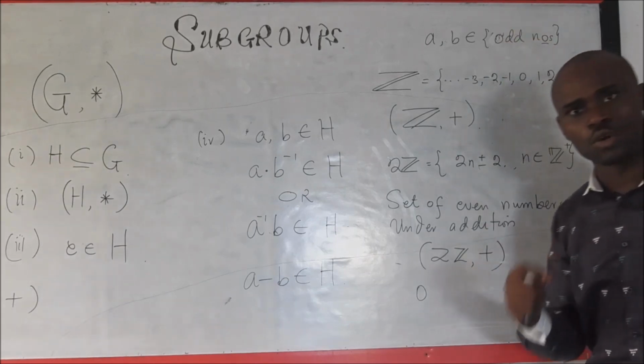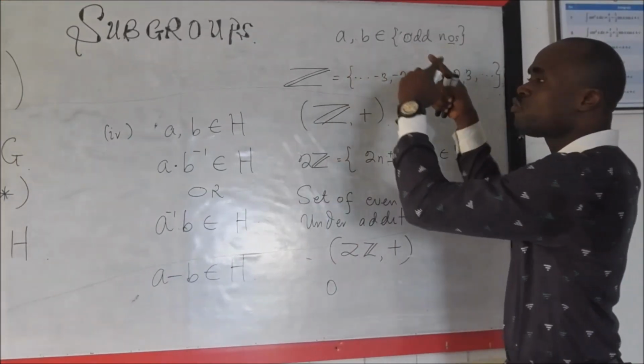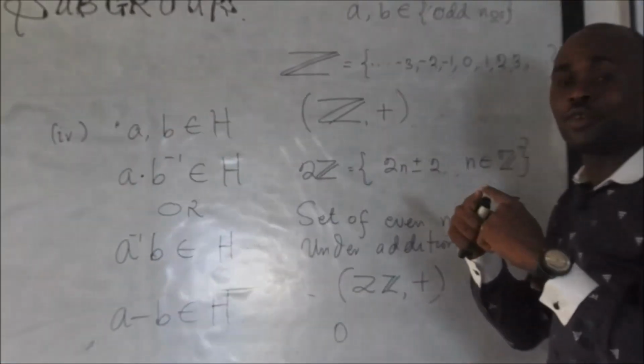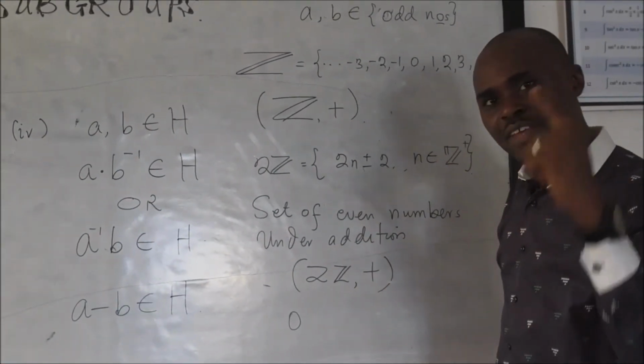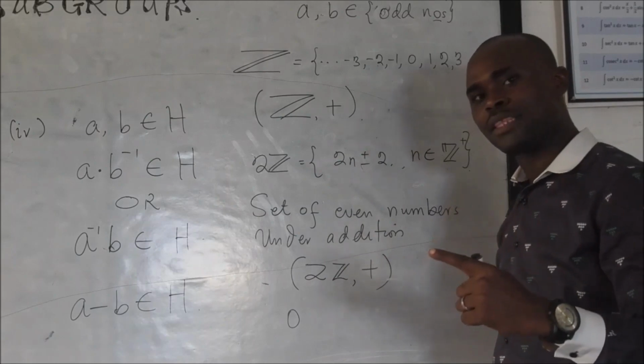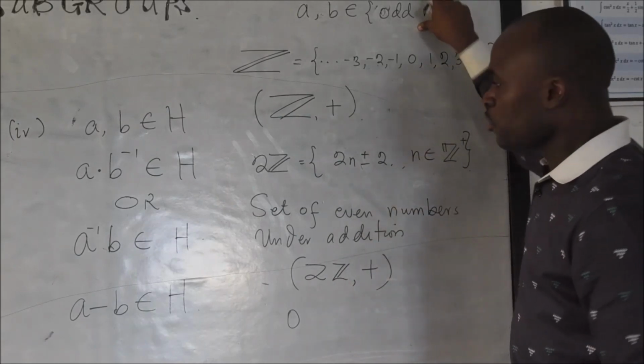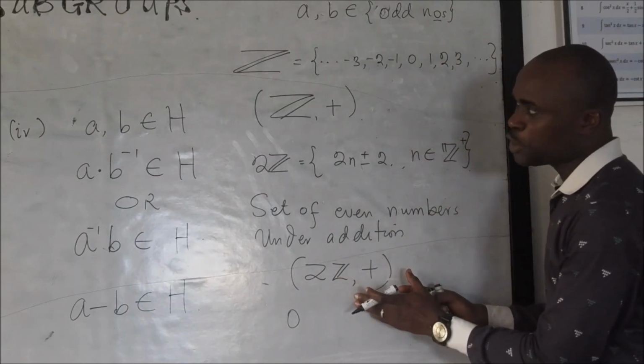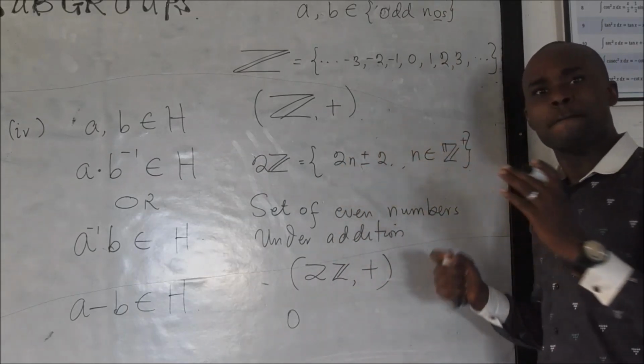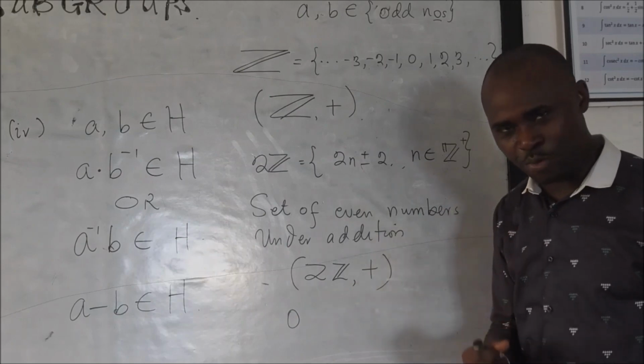Why? Because it is not closed. If I add any two odd numbers, it is going to give me an even number. So the closure property is not satisfied because this is not closed. So this is a clear example of a subgroup of this. But we have many other subgroups.